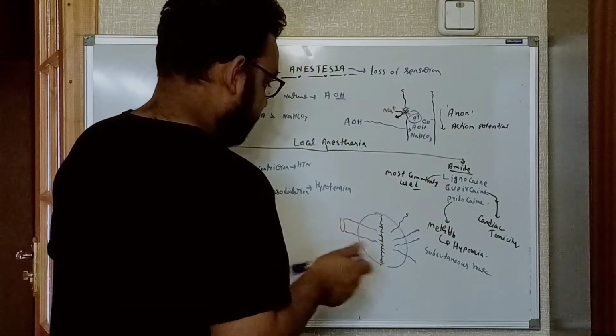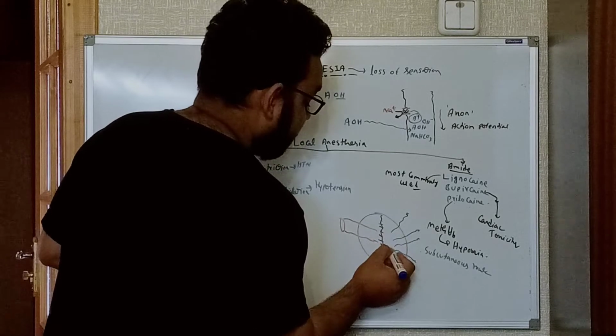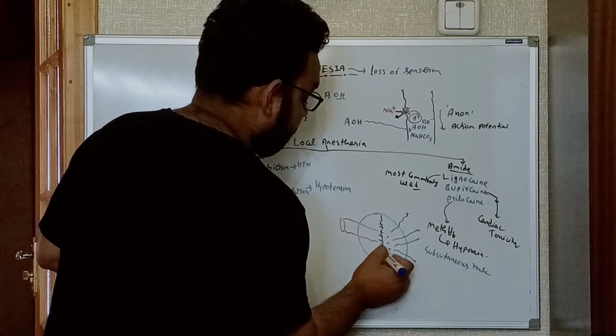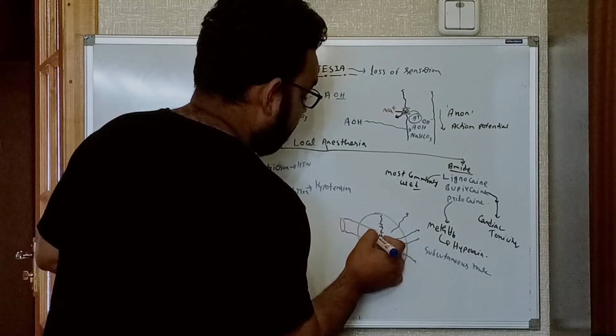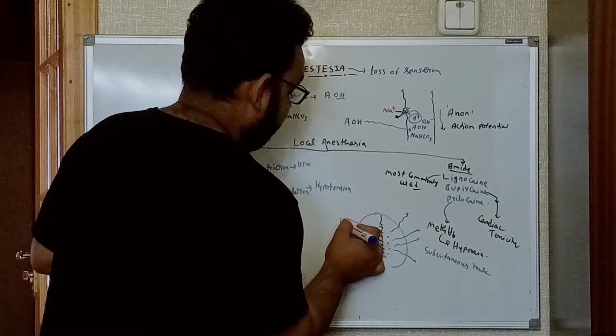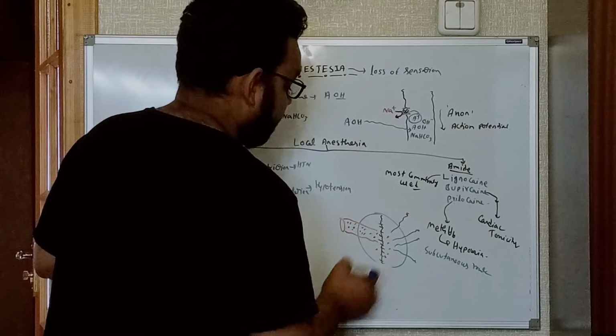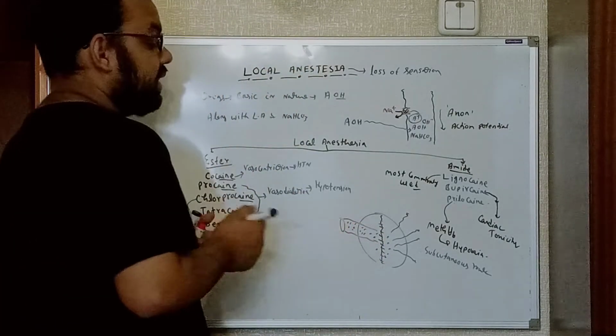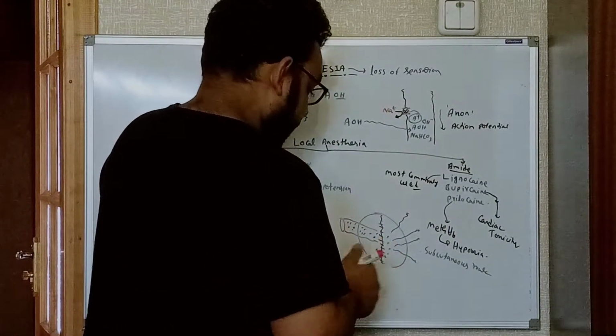For example, let me show you this part. These drugs will come over here and they will work, but there is a chance for the drugs to go through the circulation to different tissues, and they will cause anesthesia in the different tissues, not only the desired one. Now, what can we write over here?